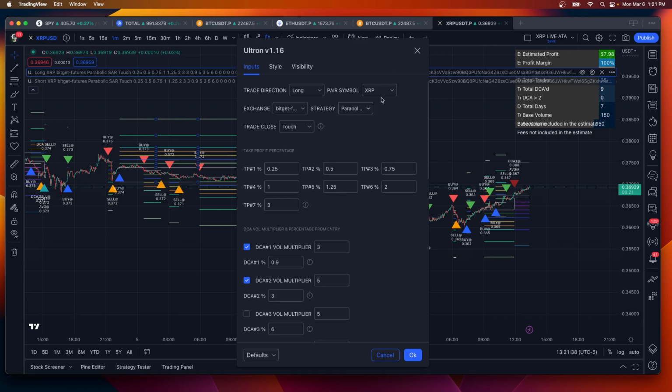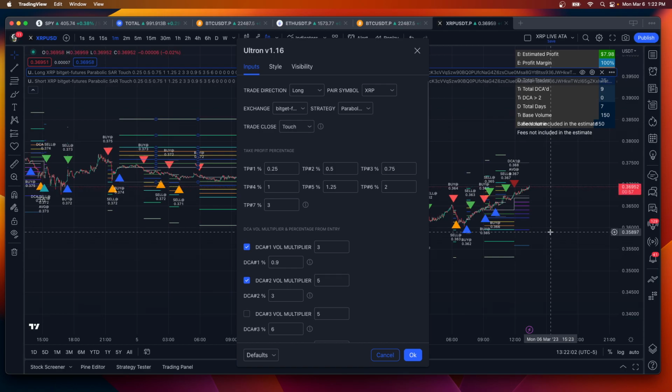So for example, if you were to do an entry here at 0.369, let me load up my calculator. Okay, so we have 0.369. Let's say we just took a long. We times that by 0.25%, so it needs to move 0.0009.